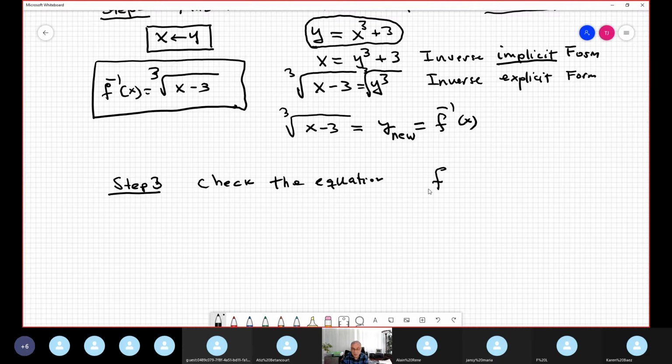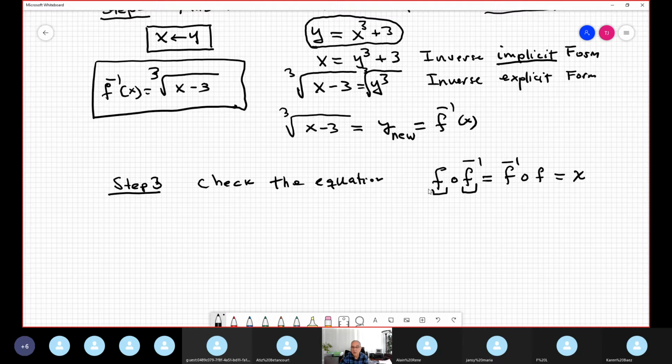The composition of the one function and its inverse, it doesn't matter the order. It's unbelievable because in this case, it doesn't matter the order. The answer is the identity function. Remember that the action of the inverse undoes the action of the original.